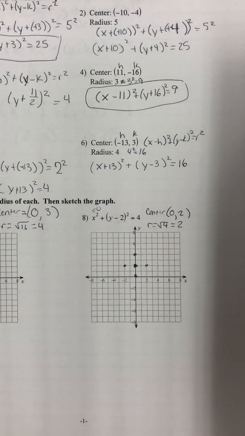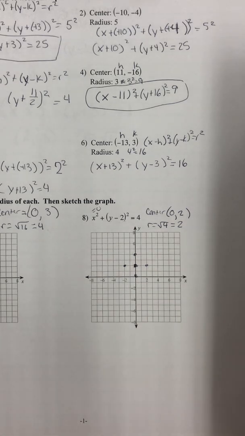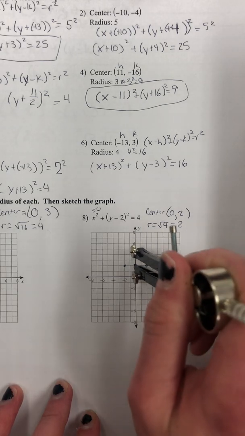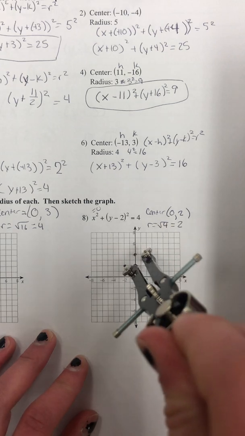I do have a compass this time, so I'm going to see if I can get it small enough to make our circle. You're going to line it up with your 2 points. That's too big. Kind of like that. And we're going to make our circle.